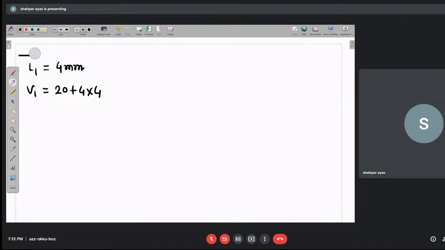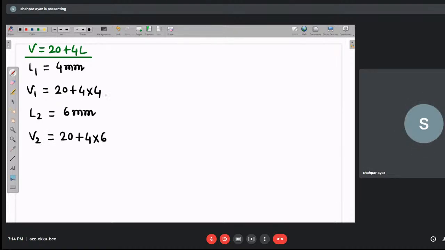Similarly, L2 is 6 mm, so V2 is 20 plus 4 into 6.